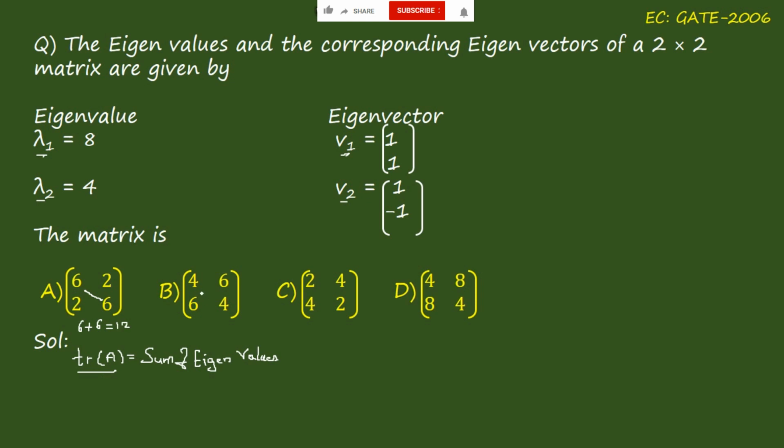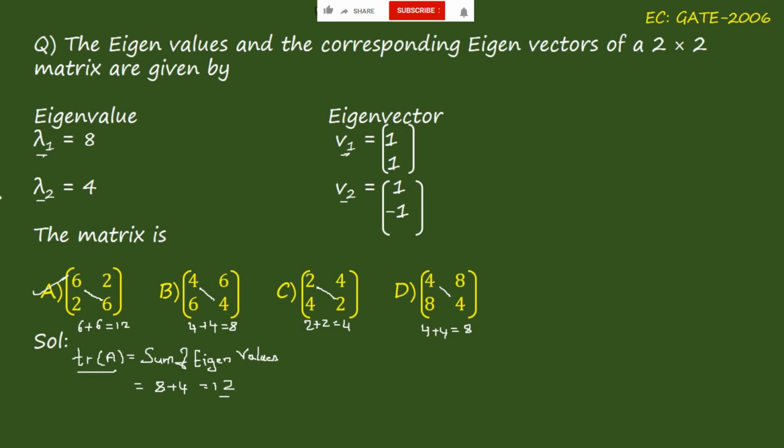If you consider B, it is 4 plus 4, which is equal to 8. If you consider C, it is 2 plus 2, which is equal to 4. And for this one, it is 4 plus 4, which is equal to 8. What is the sum of the eigenvalues? It is 8 plus 4, lambda 1 plus lambda 2, which is equal to 12. So the option that satisfies this is option A. So the answer is option A.